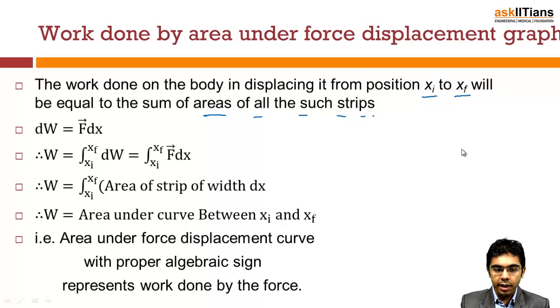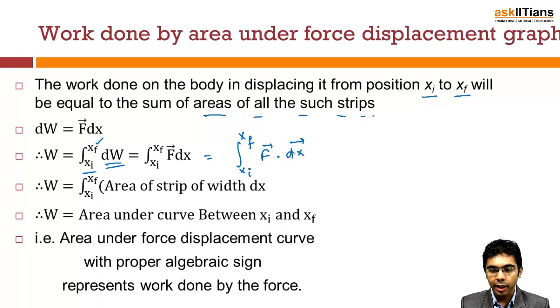Therefore, total work done is equal to the integration of the small work done for displacement dx, taking the limits from initial position xi to final position xf. This comes out to be the integral of f dx, or the integral from xi to xf of the force vector dot the displacement vector dx, as displacement is also a vector.